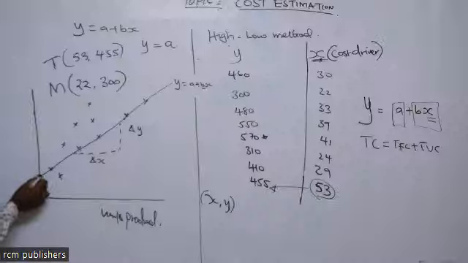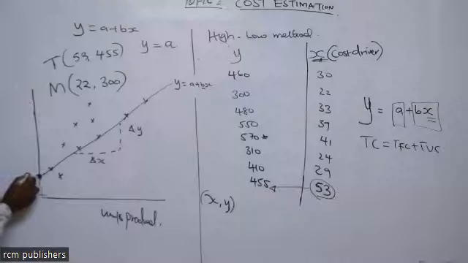And what is that particular point? It is here. This is the point of getting the value of A. How do we call this particular point?